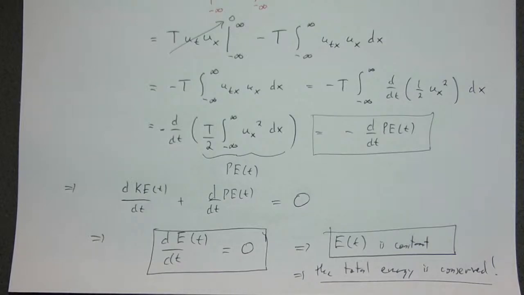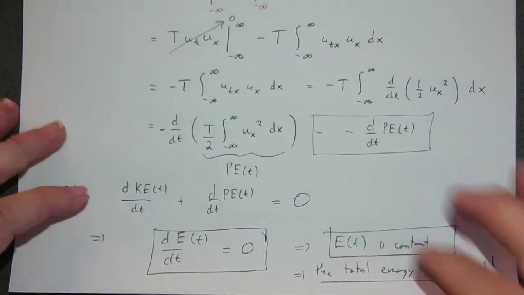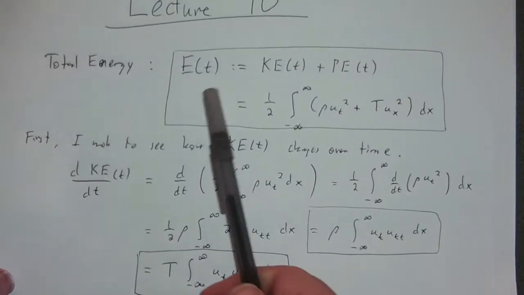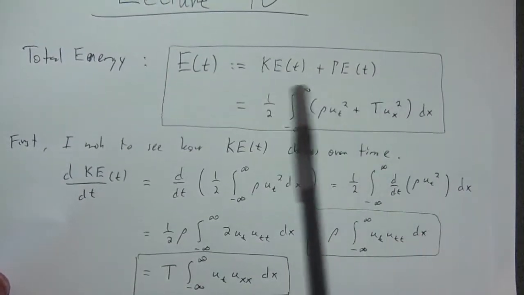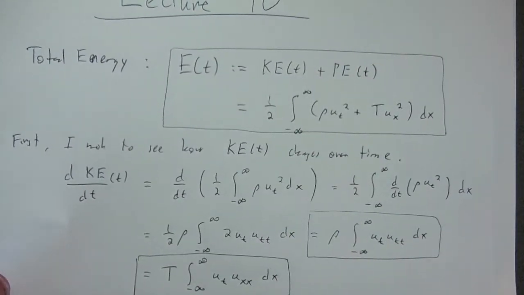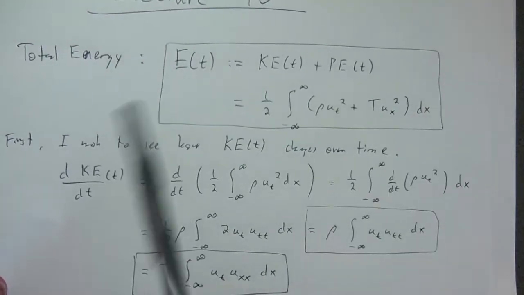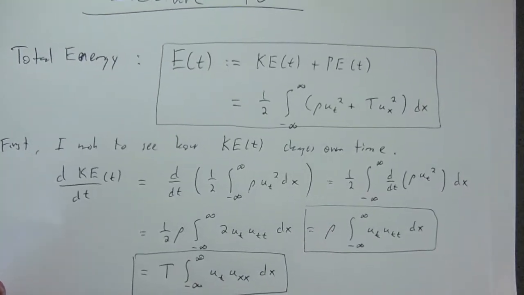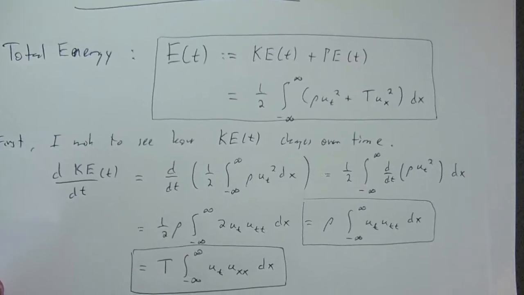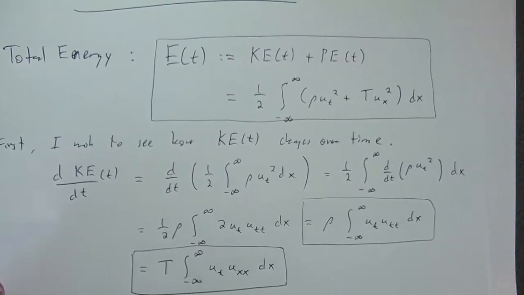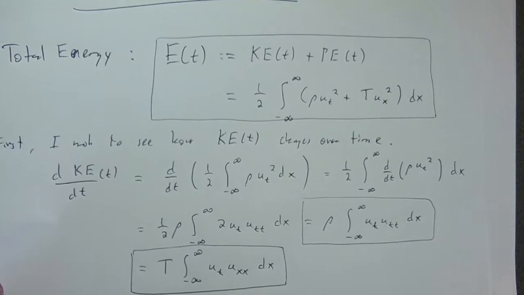So here is why this is important. This sort of thing, defining this energy quantity as we've done here for our problem, our IVP, and then computing derivatives of it to make some claims about the behavior of solutions or properties of the IVP itself, is called the energy method.